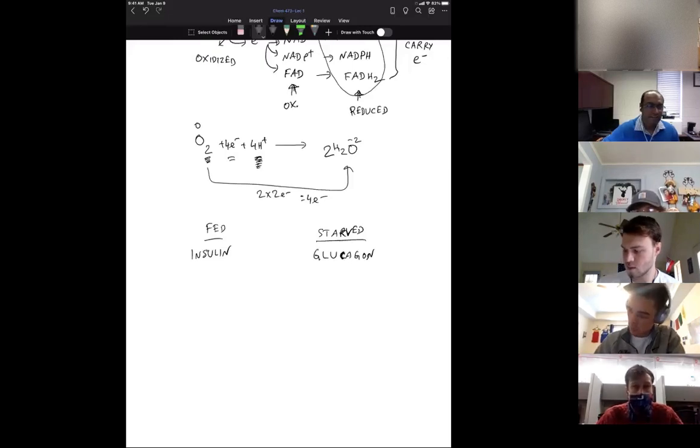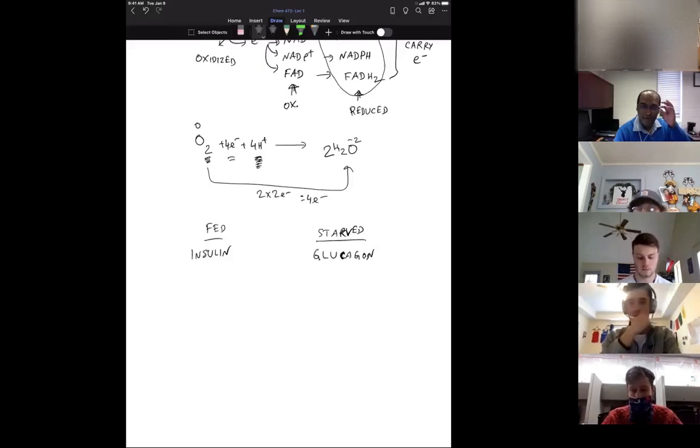Give me some source. So the body will tap glycogen first, as I said, in the liver, to get ATP. And during prolonged starvation, we tap our fat source and protein, like muscle breakdown.